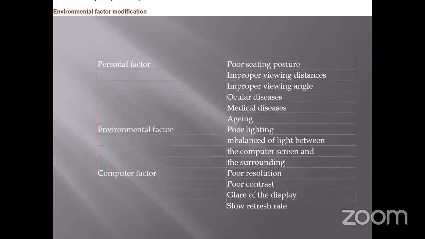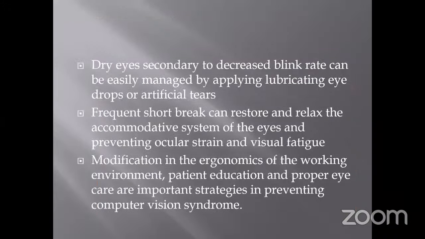So personal factors again are poor seating posture, improper viewing distances, improper viewing angle, and other ocular diseases in the patient. The age of the patient is important, and whether he has any other medical diseases. Then the environmental factors like poor lighting, glare, and the computer factor. Dry eyes secondary to decreased blink rate can be easily managed by applying lubricating eye drops or artificial tears.